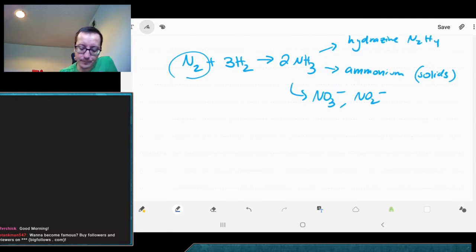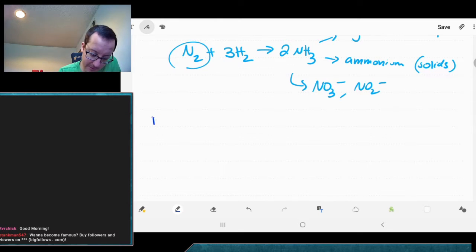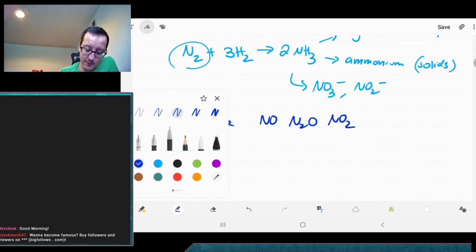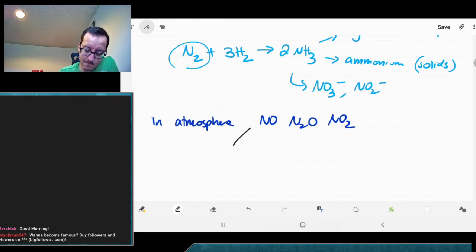Let's see. We know in the atmosphere, you can have these guys happening. You have nitric oxide, which is a radical, interestingly enough. As a free radical, it is quite reactive.